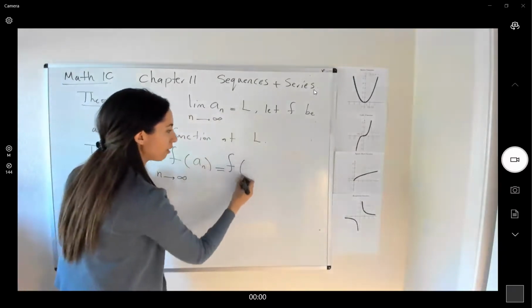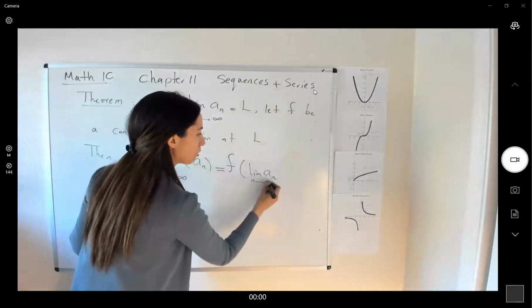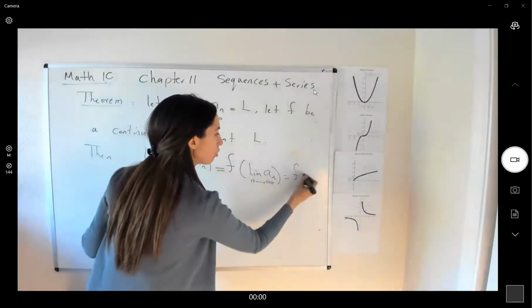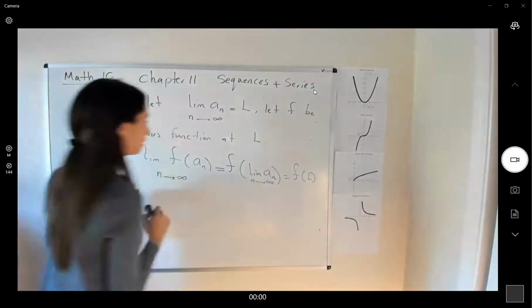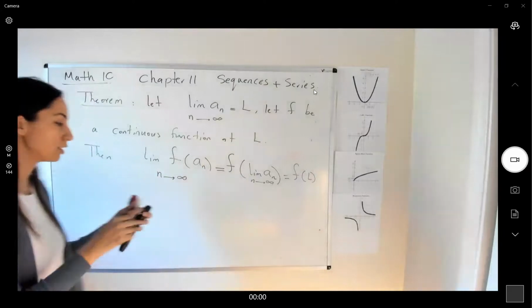You get f of the limit of a sub n while n goes to infinity, which is equal to f of L. These two conditions need to be met.